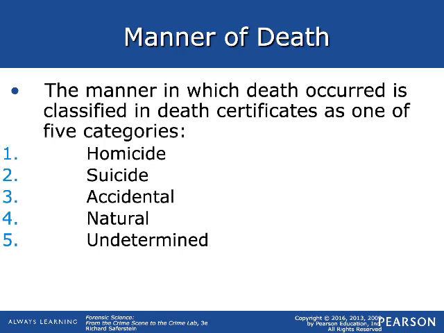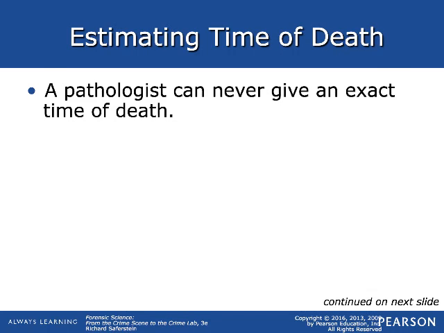Okay, so the manner of death is for the death certificate. It goes into one of 5 categories. Okay, so we have homicide, suicide, accidental, natural, or undetermined. Okay, so there's 5 different manners of death. Oh, I thought I would have slides about that, but I guess I took them out.